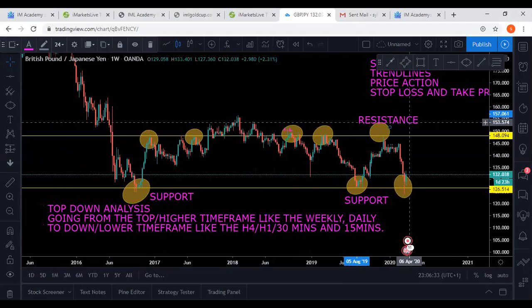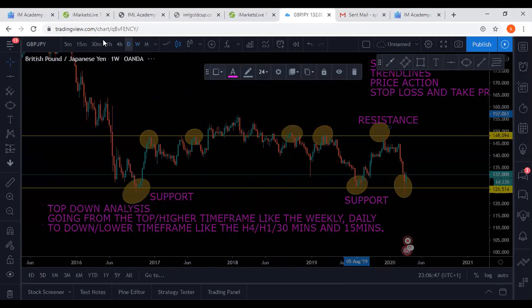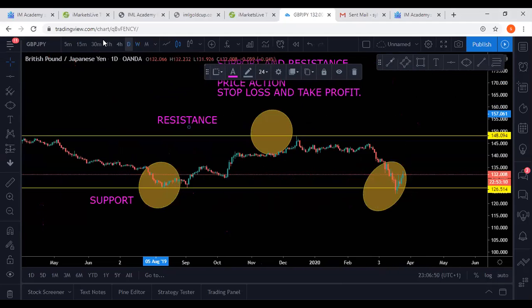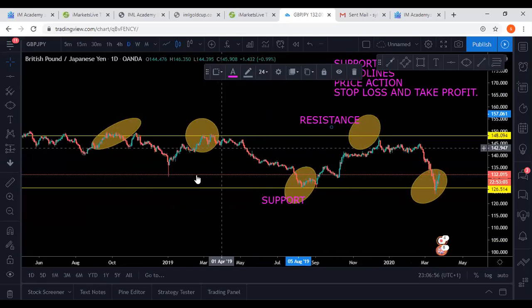Now we've identified these areas, and that this area is a very strong point. Now I've done my top analysis. I told you guys you're going to do what we call top-down analysis. You'll be going gradually to smaller time frames. Remember, everything that I drew is still valid.